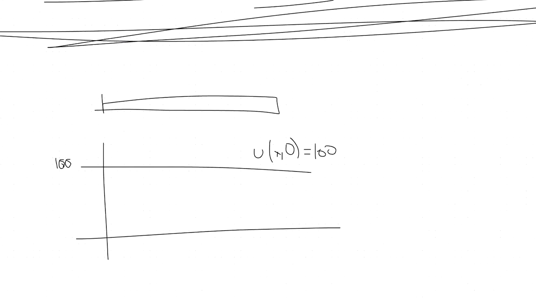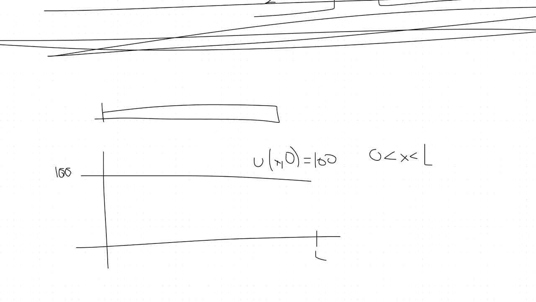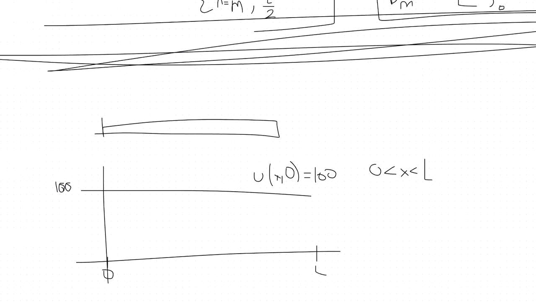But let's say that the initial condition u(x, 0) is equal to 100 for 0 < x < L. Then, just to keep things simple, as we did previously, the boundary condition u(0, t) is equal to 0, so it would just drop down. And similarly at L, u(L, t) also equals 0.